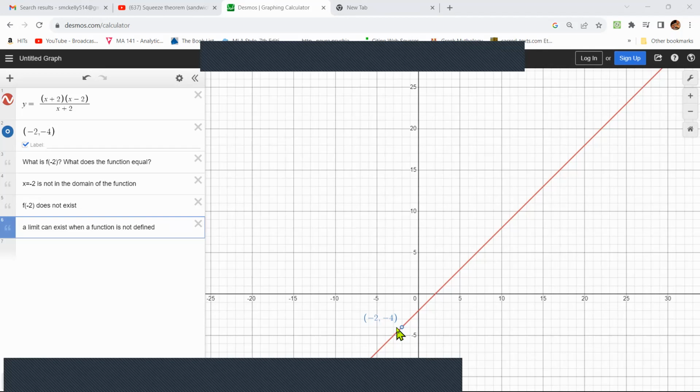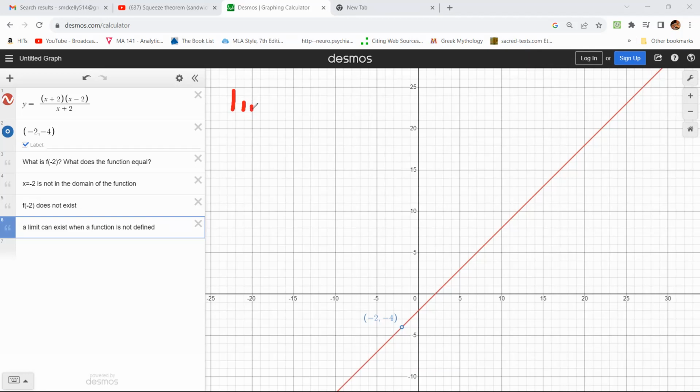The limit, if I say the limit as x approaches -2 of f of x, or this function that I created, which is x plus 2 times x minus 2 over x plus 2, this limit exists even though the function doesn't, because I can cancel these factors.